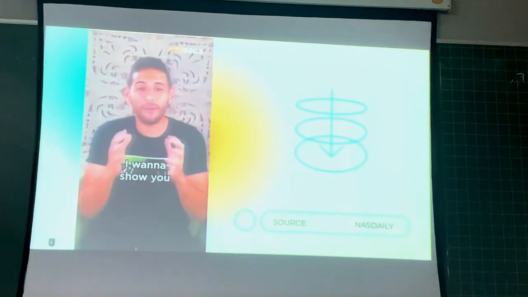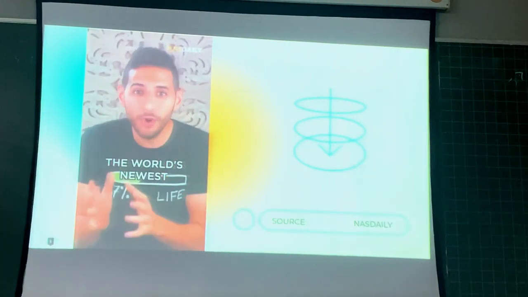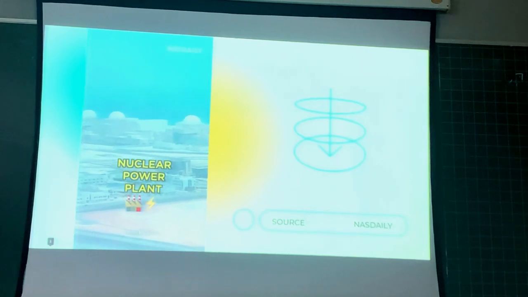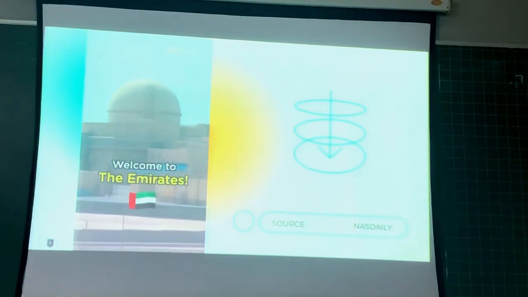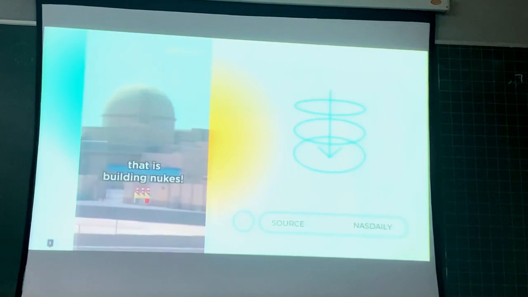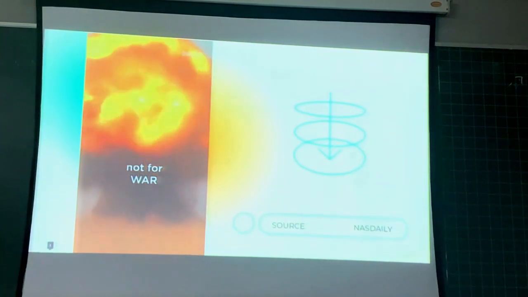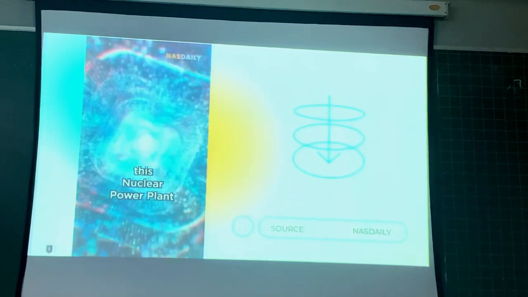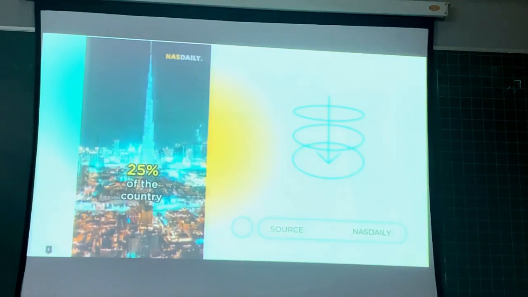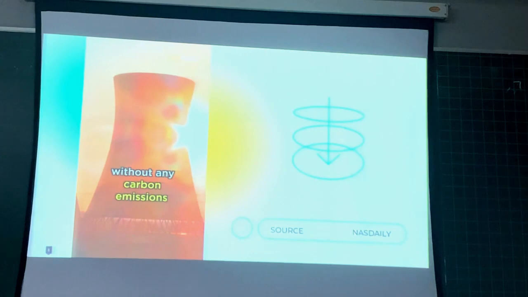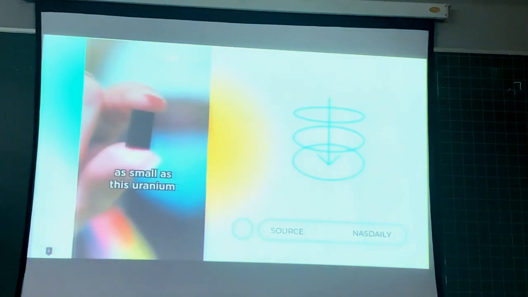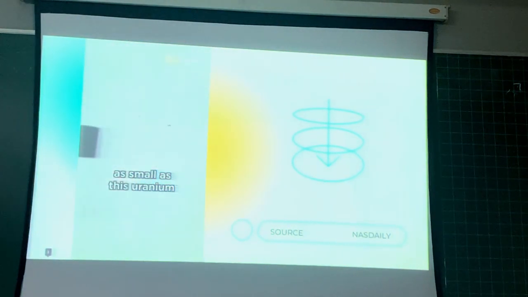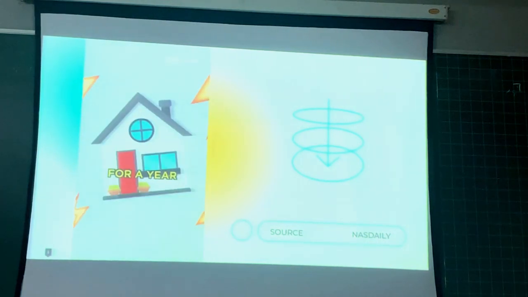So for the first time ever, I want to show you the world's newest nuclear power plants. Welcome to the Emirates. It's a country in the Middle East that is building nukes, not for war, but for peace. So they built this nuclear power plant that can power 25% of the country without any carbon emission. Because something as small as this uranium can power an entire house for a year.